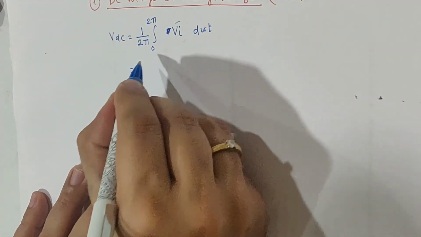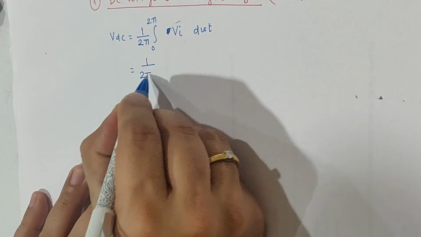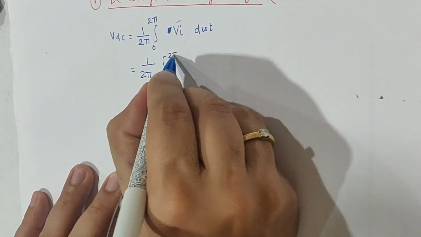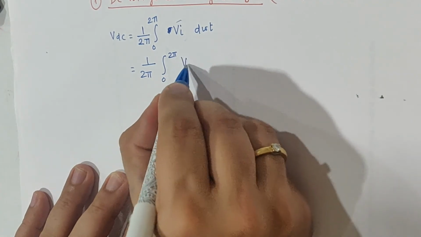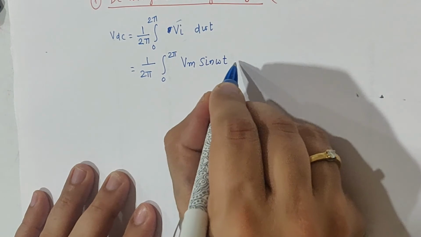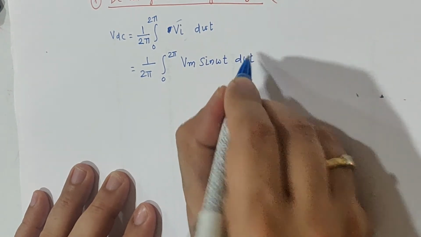Let us solve it. 1 upon 2 pi, integration of 0 to 2 pi. Now VI can be written as Vm sine omega t d omega t.